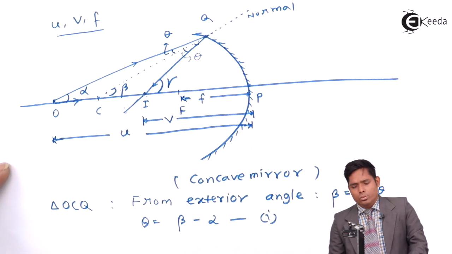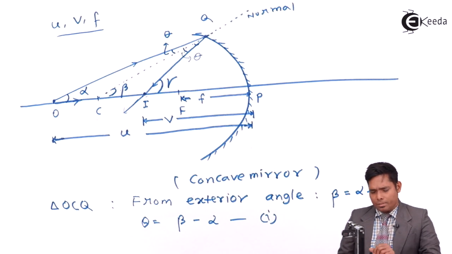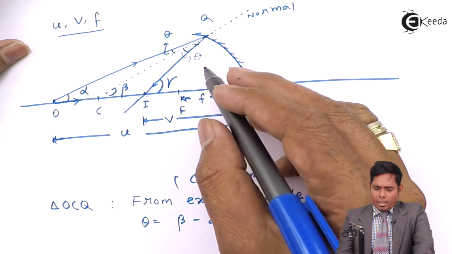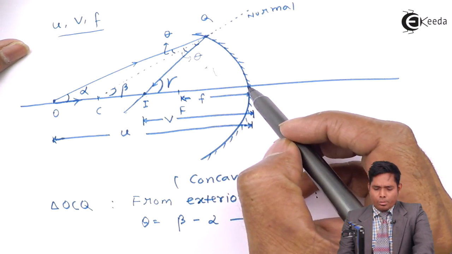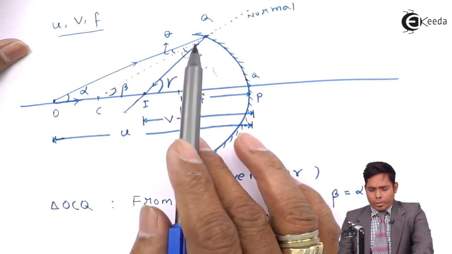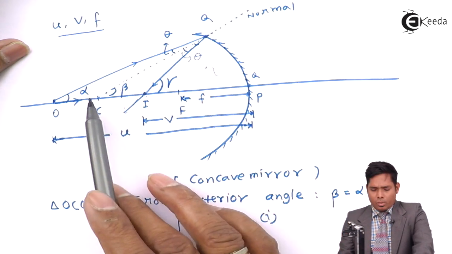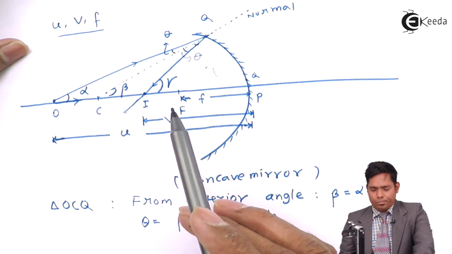This is the assumption we have made. If it is a very small angle, then this point Q is actually very close to this point P. So this angle is very small, and similarly beta and gamma will be very small.